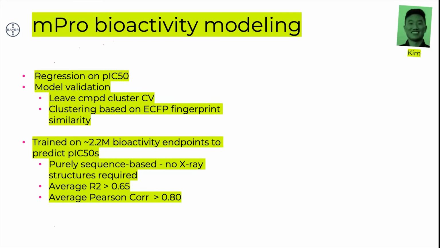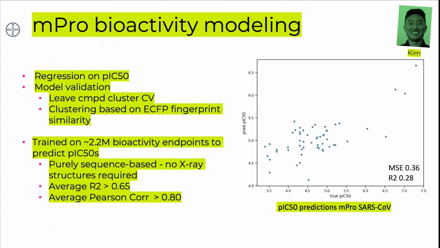On average, over all proteins that were modeled, we received an R-square of 0.6 and a Pearson correlation of 0.8. If we only look at the prediction of the SARS-CoV-1 main protease, then the results are not that striking, but nonetheless better than nothing: a mean squared error of 0.36 and a coefficient of determination R-square of 0.3-ish. Depicted here on the right-hand side is the predicted pIC50 above the true pIC50.